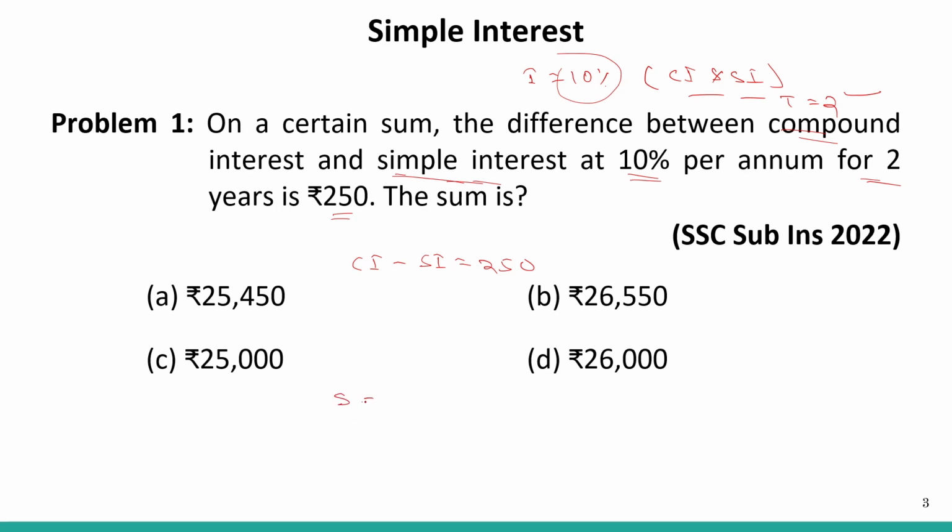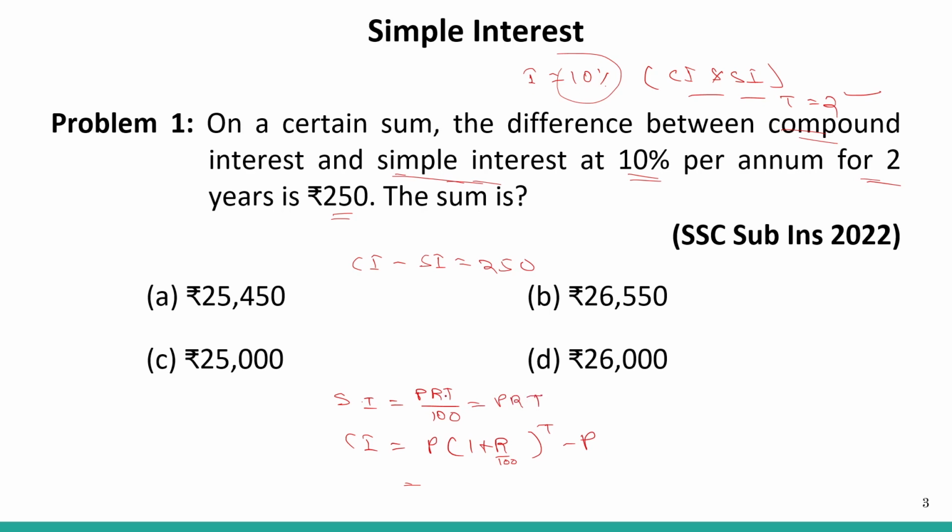The SI formula is PRT by 100, when R is given in percentage form. And CI is P into 1 plus R by 100, whole power T, minus P. In decimal form it will be PRT.